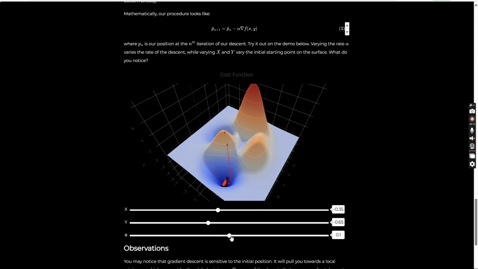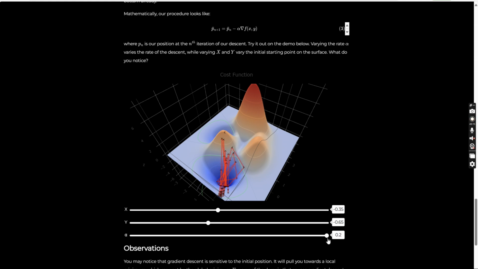Notice the path. Notice it is bouncing. If your alpha is too high, it is bouncing there only. It is unable to figure out where the lowest point is. It is bouncing inside that curvature only. If you further increase, see, it will keep on bouncing. Sometimes it will even come out of that lowest point. So that's why alpha should not be too high.